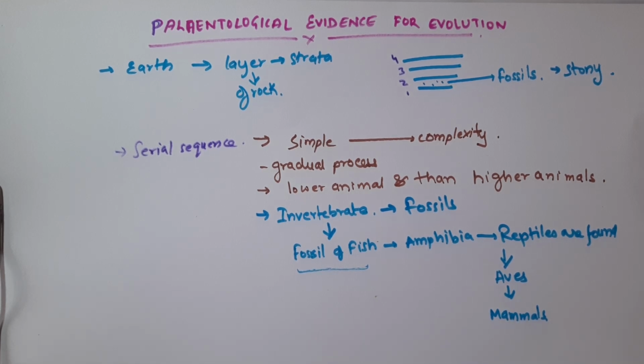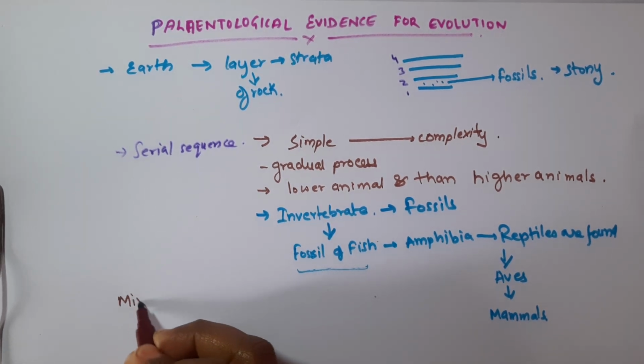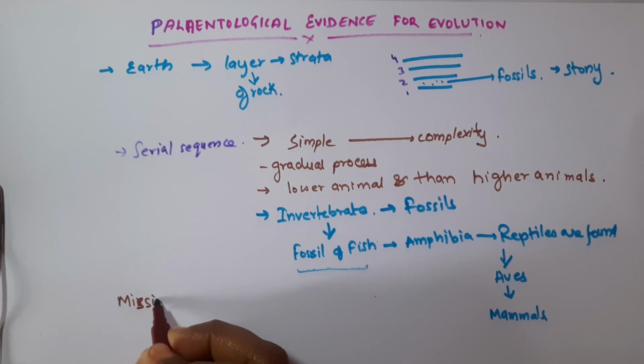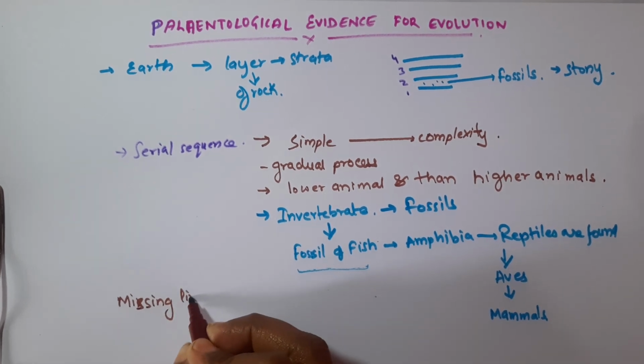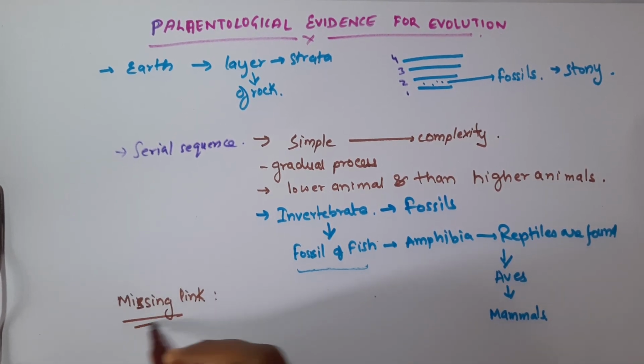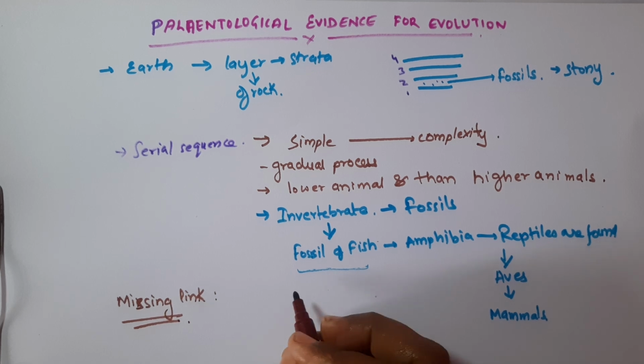Now, in between there are some missing links also. Nature is very beautiful, so it will always give us a surprise. The researchers have found some missing links. The most famous missing link is the Archaeopteryx.